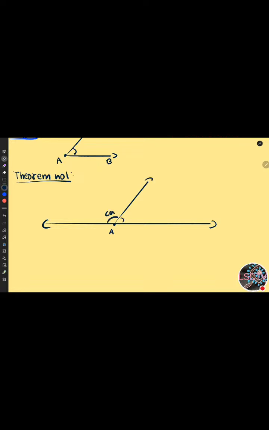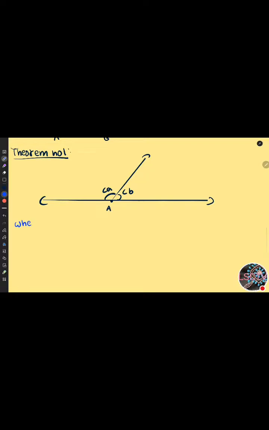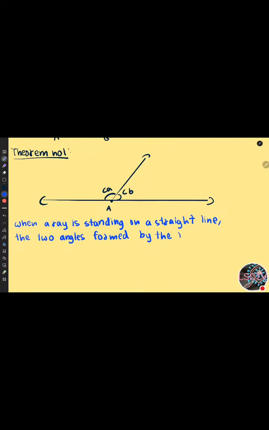This is angle A, angle B. When a ray is standing on a straight line, the two angles formed by the ray sum up to 180 degrees.